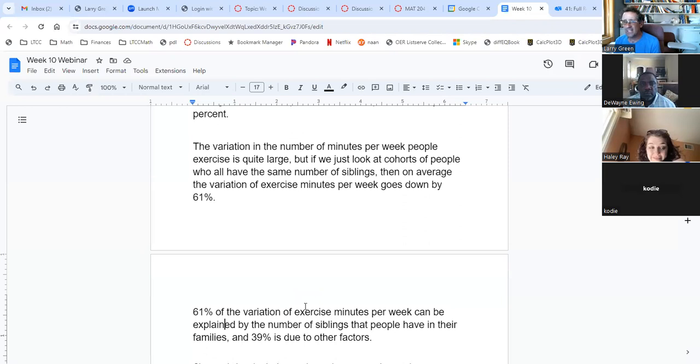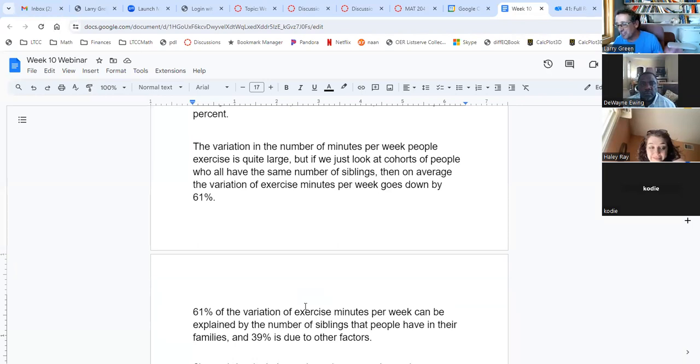Does that say that if somebody has more siblings, then they're going to exercise more? What do you think? Does that say that if someone has more siblings, they'll exercise more?